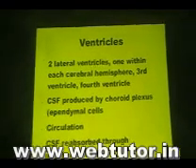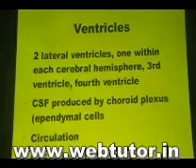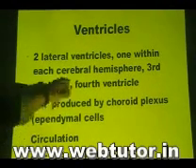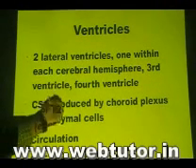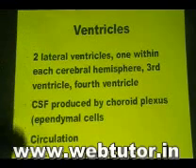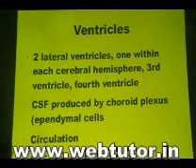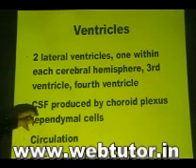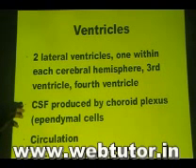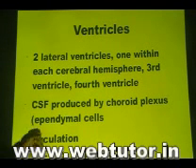Ventricles. So there are two lateral ventricles, one within each cerebral hemisphere. Then the third ventricle, and then there is a fourth ventricle which goes deeper towards your spinal cord, and then it continues as the central canal inside your spinal cord. I'll show you the diagram.